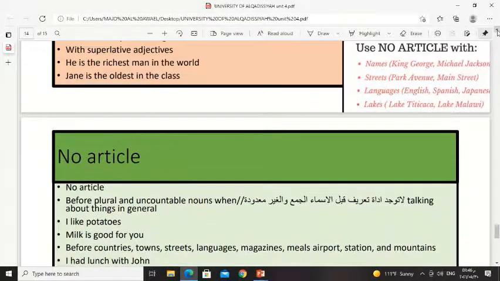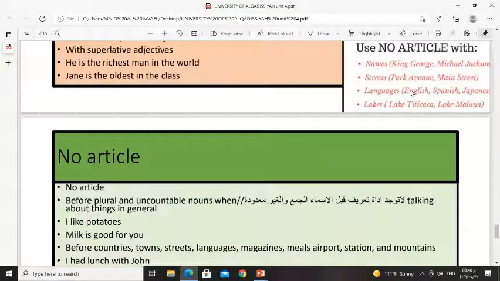But no article with names of regions, King George, or with names of persons. Jim, we cannot say the Jim or the Ahmed, it is wrong. Streets: Park Avenue, Main Street.